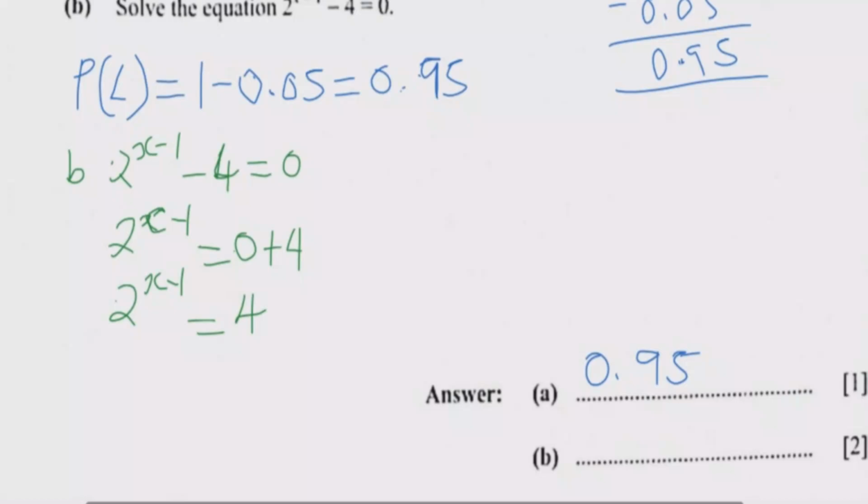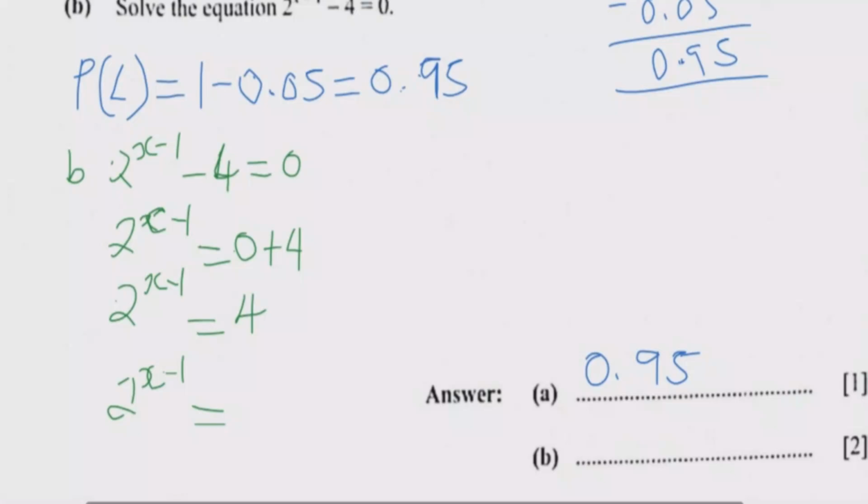So we are going to write 4 with a power, in indices, so that it has the same base. So 2^(x-1) is equal to, now the number that we can multiply twice to get 4 is 2. 2 times 2 gives us 4.